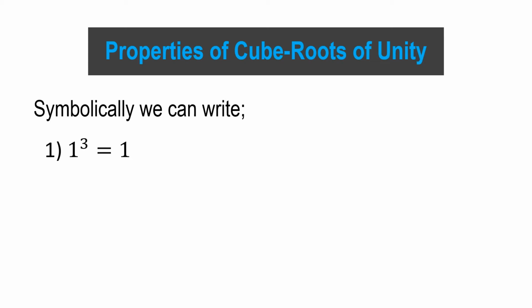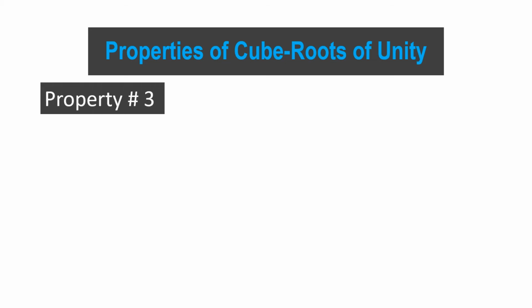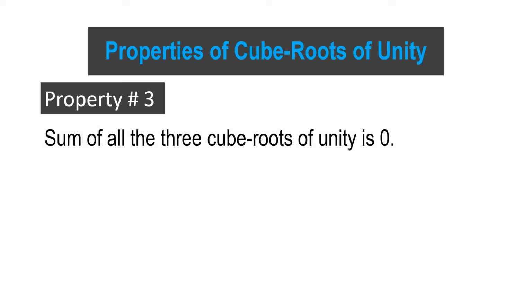The cube of each cube root of unity is 1. We have already proved it. Symbolically, we can write number 1, 1 cubed is 1. Number 2, cube of omega is 1. And number 3, cube of omega squared is also equal to 1.